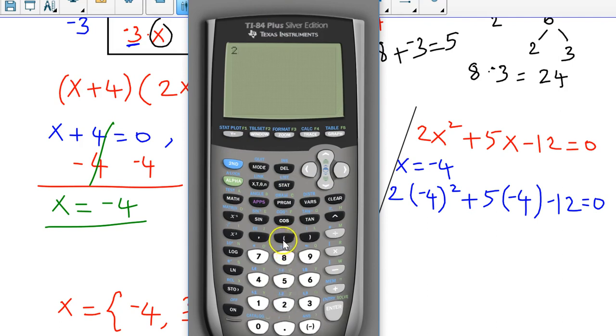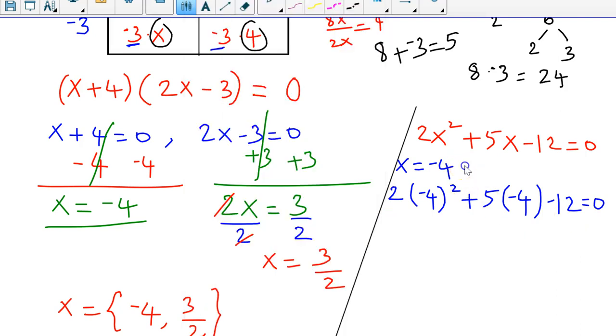Type in 2 parentheses -4 square plus 5 parentheses -4, close the parentheses, minus 12. Hit enter. See, my answer is 0. So this is true. This value of x equal to -4 is right.